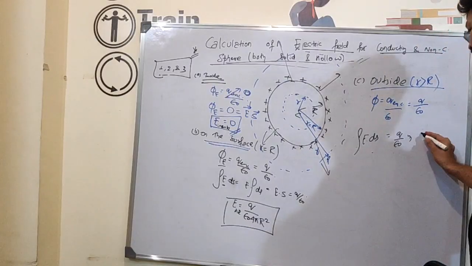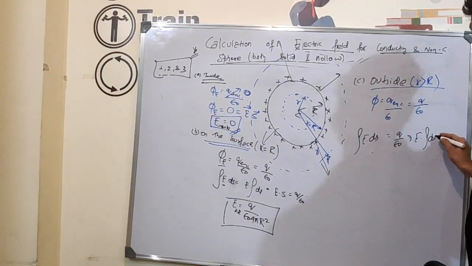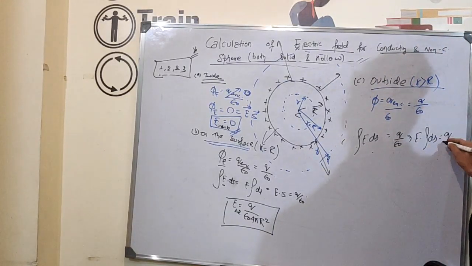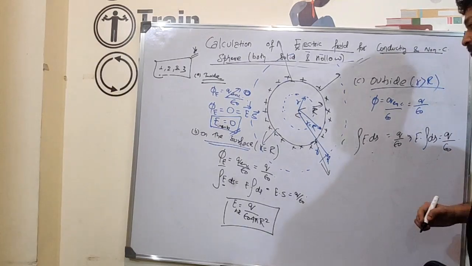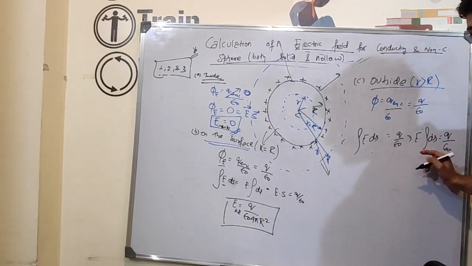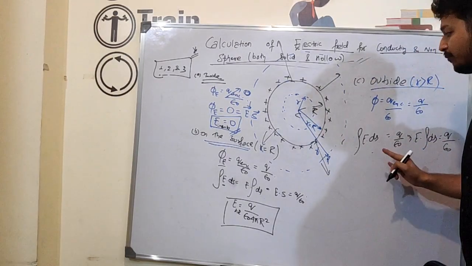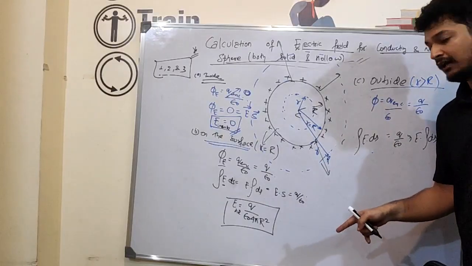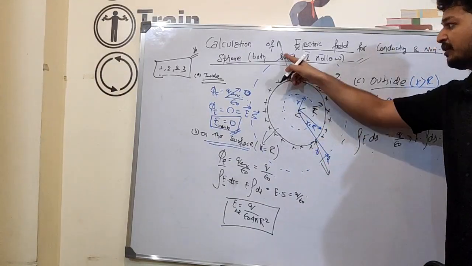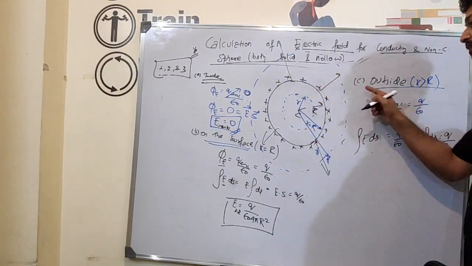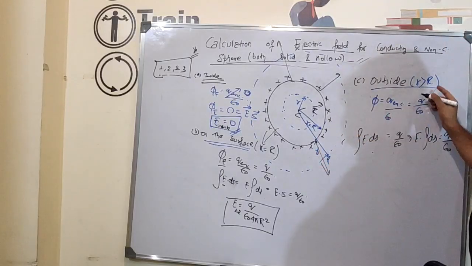That means the value will simply be E times the integration of ds, equal to Q divided by epsilon naught. This time the integration of ds depends upon the surface we have chosen, and the surface we have chosen is the bigger one, having radius r, where r is greater than R.